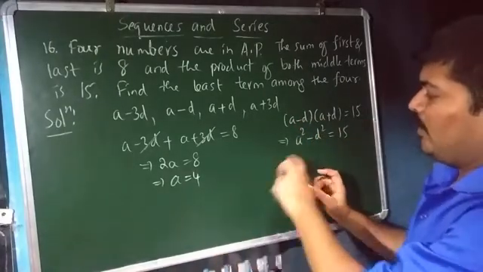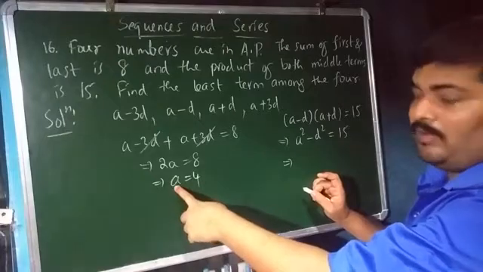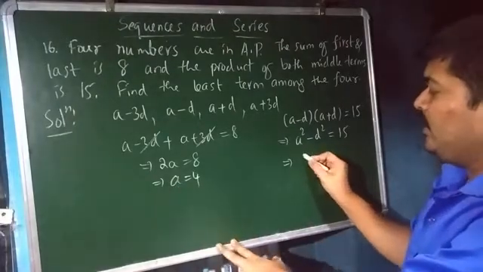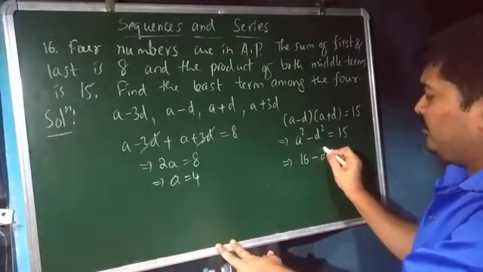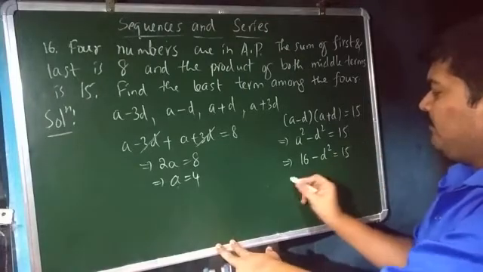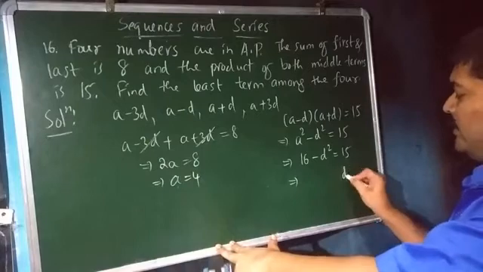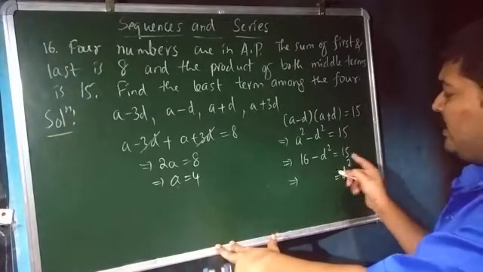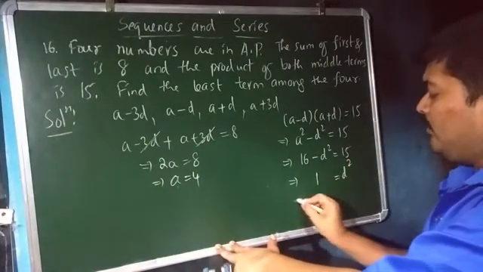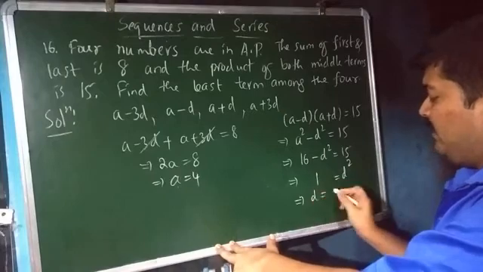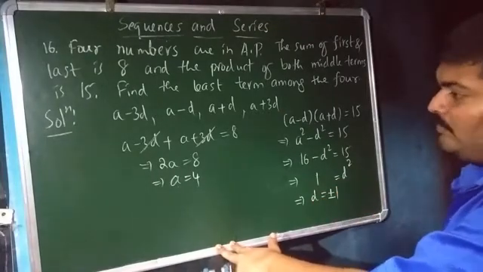Now you already have a equal to 4. Substitute that: 4 square, that is 16, minus d square is equal to 15. Shifting minus d square to the RHS, you get d square is equal to 16 minus 15, that is 1. So d is equal to plus or minus 1.